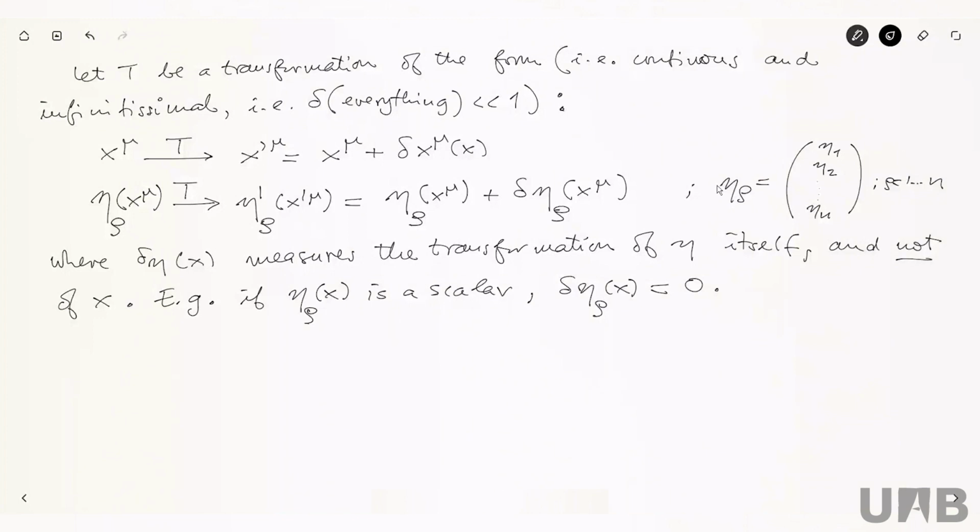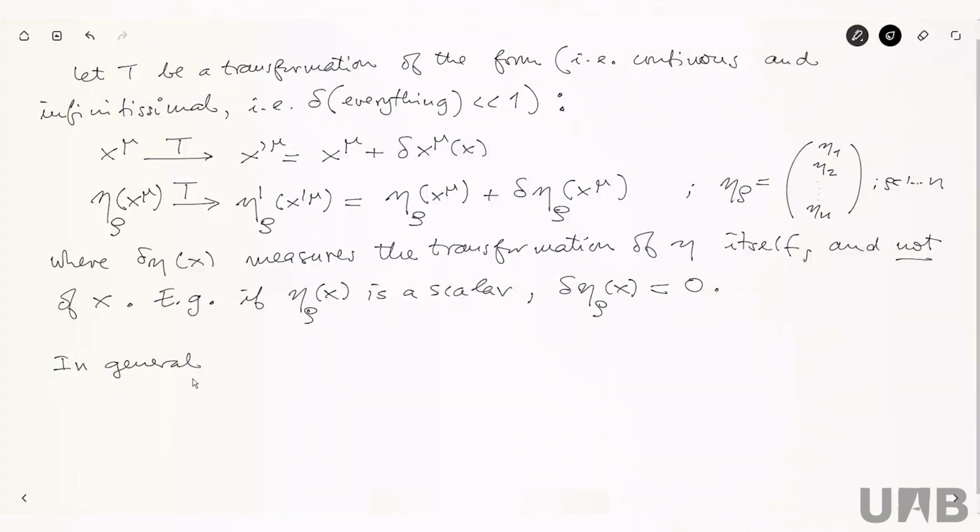Now, this is just regarding the transformations, okay? So this is how we are going to transform the objects that we have in our Lagrangian. But this is just a general transformation. It's still not a symmetry transformation, okay? So, in general, let us see what a transformation does to the Lagrangian, right?